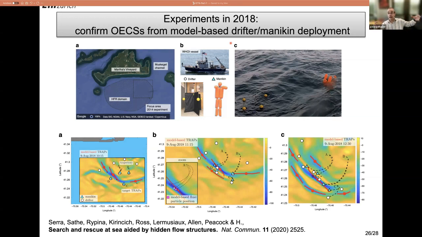So in many ways, it's almost an unfair comparison because we're using lots of data rather than just one snapshot, okay? But I can confirm definitely that in my experience, the SSH contours, and you can look at our papers, we did this in several ones, they're very insightful constructs, but they do not preserve their coherence.